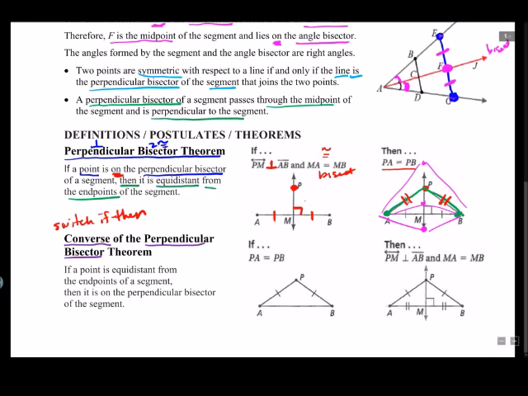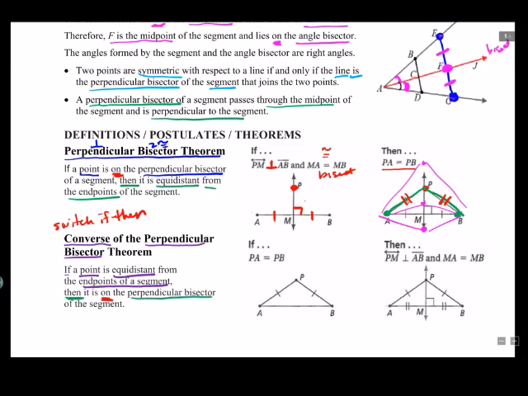What was our result up here? Equidistant from endpoints. So we start out with: if our point is equidistant from the endpoints of the segment. What was our requirement up here? The point is on the perpendicular bisector. So our result this time is: then the point is on the perpendicular bisector of the segment.